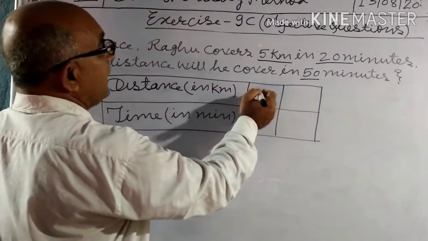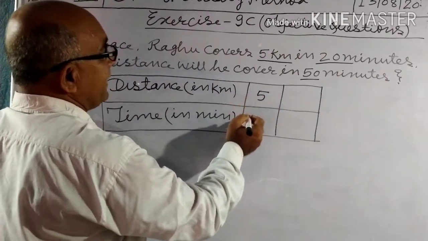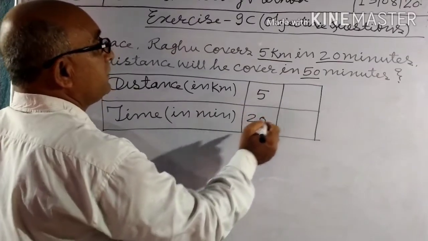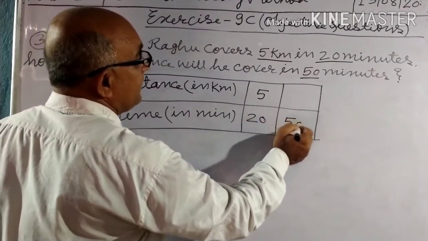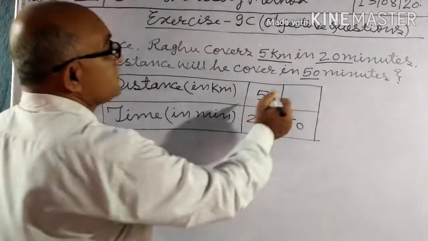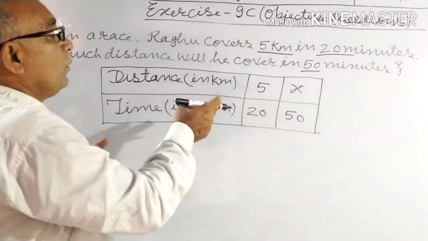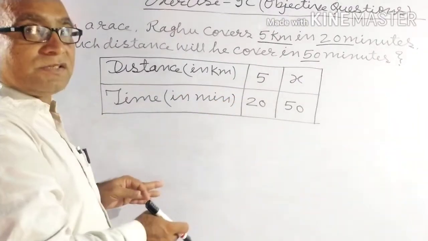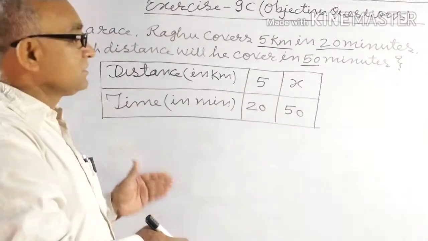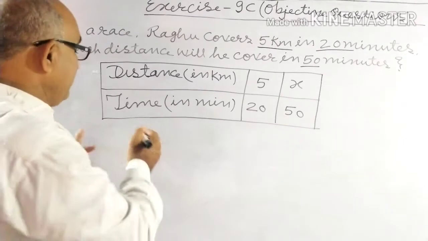Distance 5 kilometer, time taken 20 minutes. Time taken 50 minutes, how much distance? Let the required distance be x. More time, more distance. Less time, less distance. So it is in direct variation.